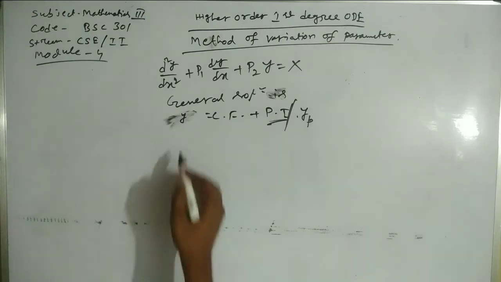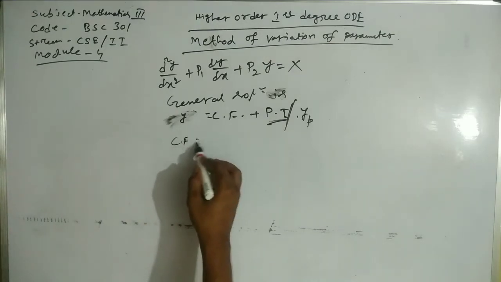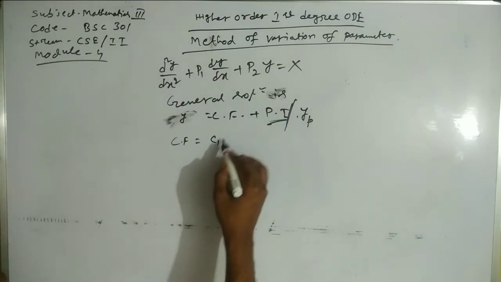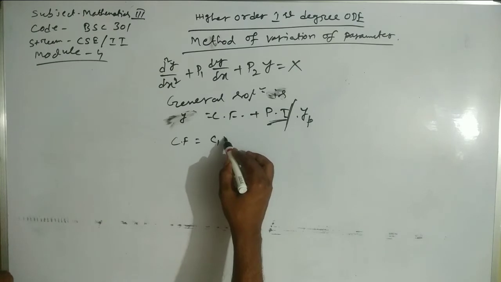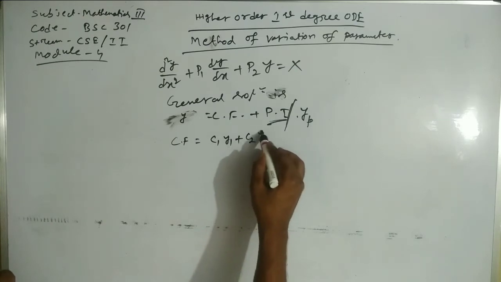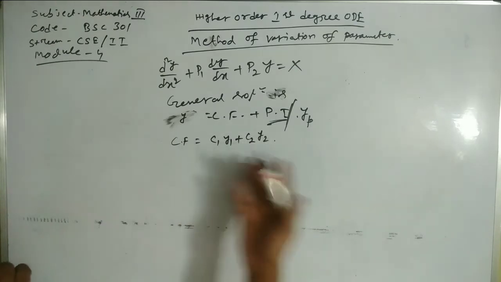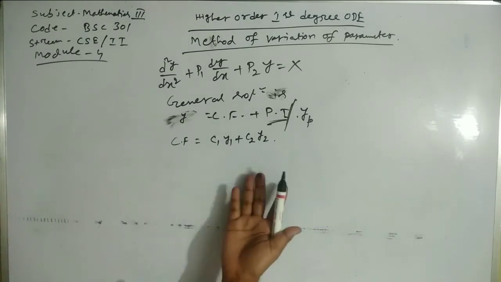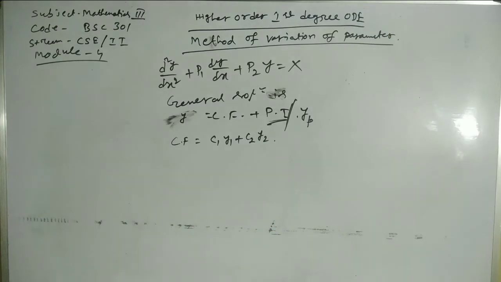So we are assuming that the CF of this ODE is C1 y1 plus C2 y2, where y1 and y2 are the functions of x present in the complementary function.